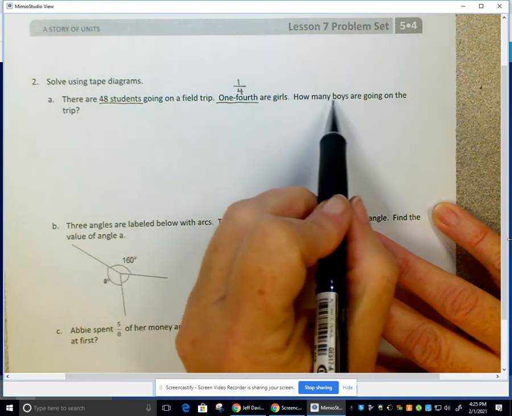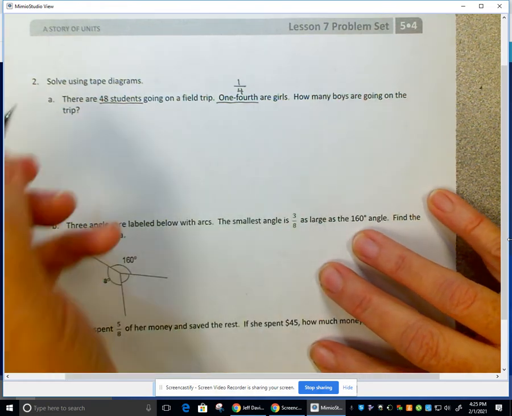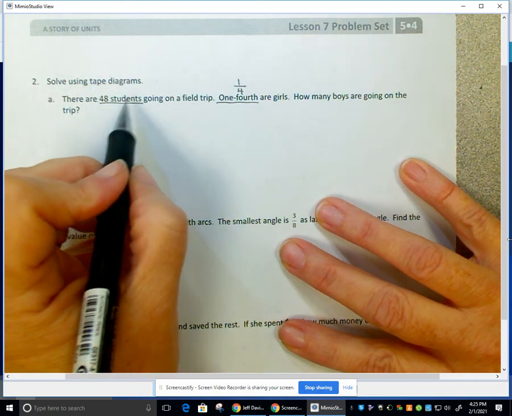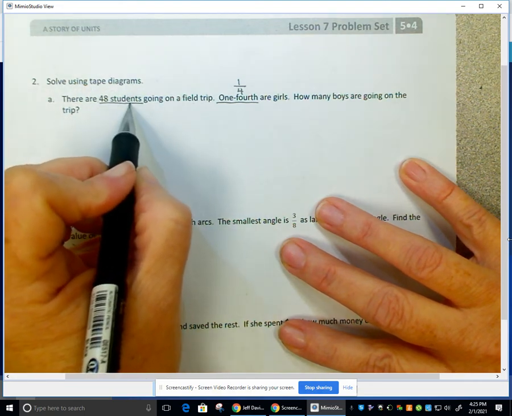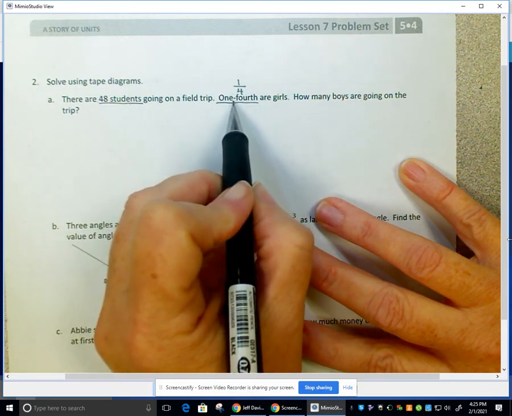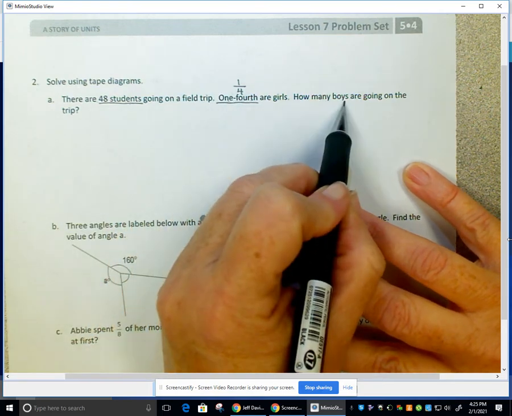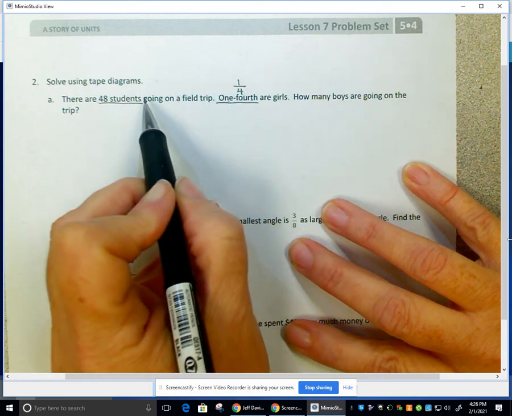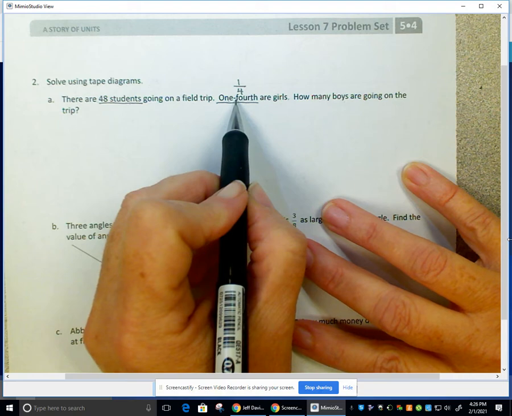All right, let's set up our problem. 48 students, that's in all, and if it says 1/4 are girls, how many are boys? So let's figure out what number are girls and what's left will be the boys.